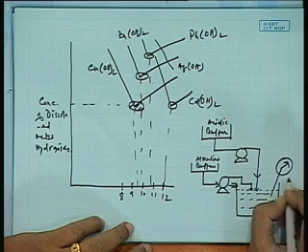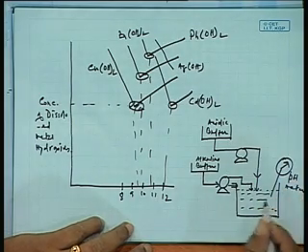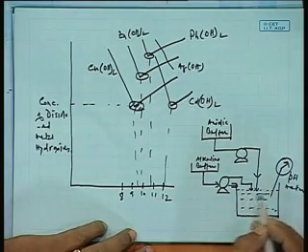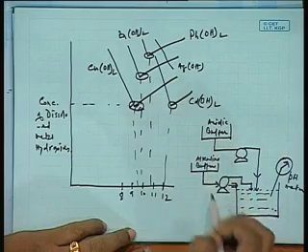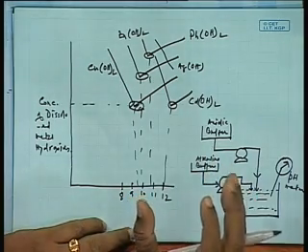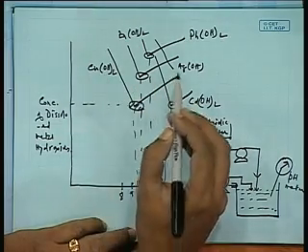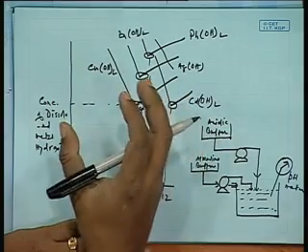Depending on the pH that we require, we would use either the acid or the alkaline so as to get a suitable pH, so that at that pH a particular chemical precipitates.